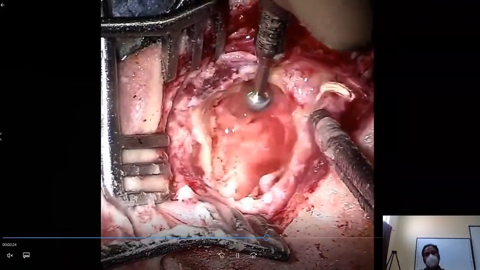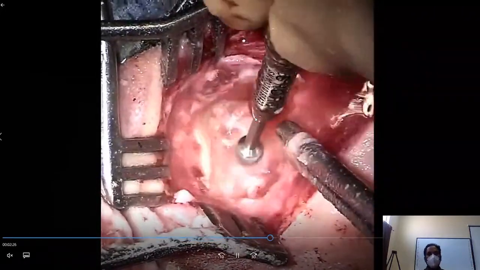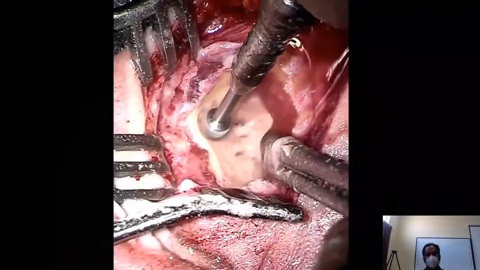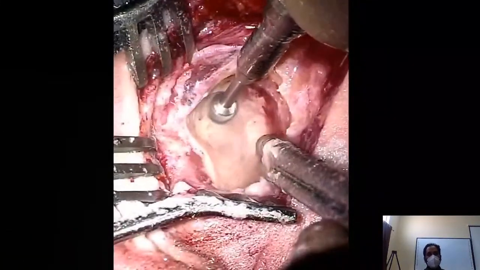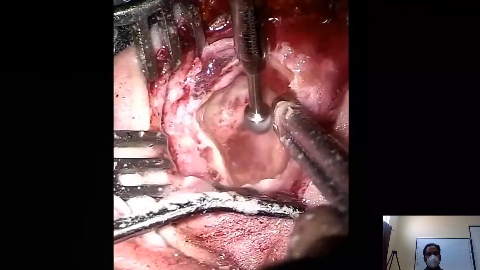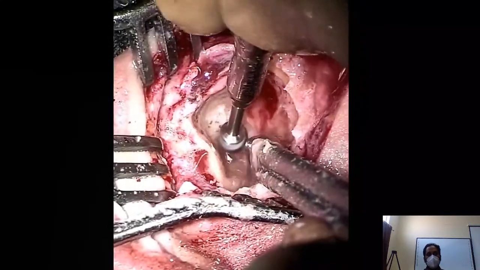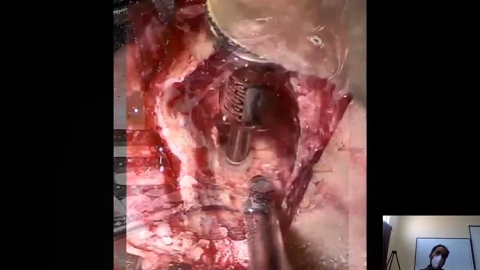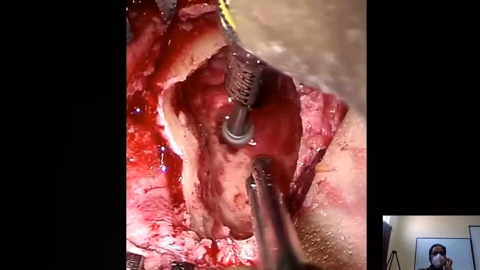You have to give proper irrigation while drilling the mastoid, to prevent heat damage and burning of the tissues. See this?